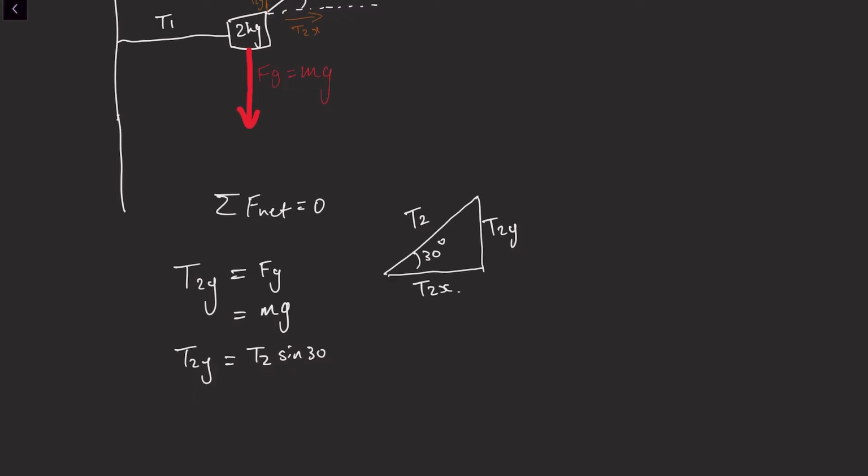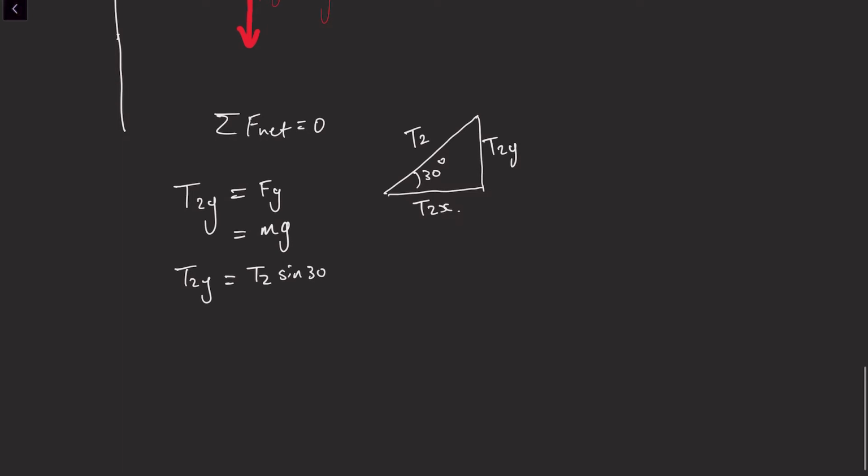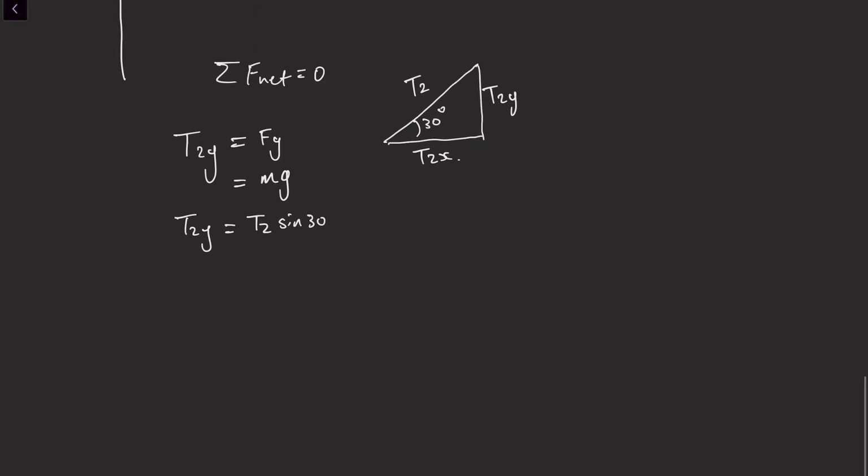How convenient. So we know what m and g is for this first equation. So let's just substitute that in for us. So T2y equals mg. We can substitute in 2 kilograms, and let's say the force due to gravity is 10. So we have 20 newtons here.